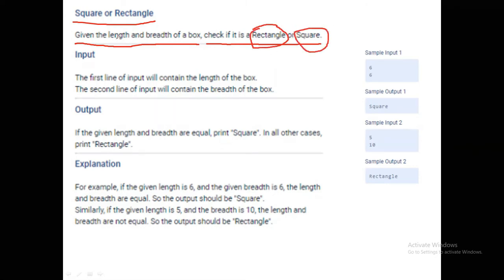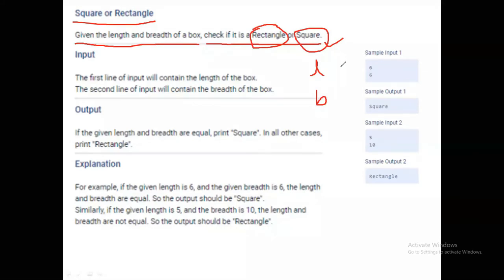Here we are going to enter two numbers. One is L, another one is breadth. If these two values are the same, then we say that if L equals B, this is a square. A rectangle is nothing but when these two are not the same.